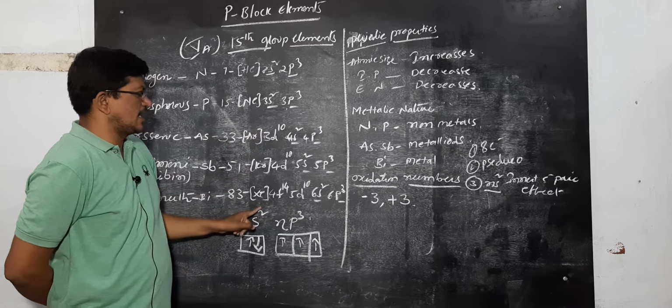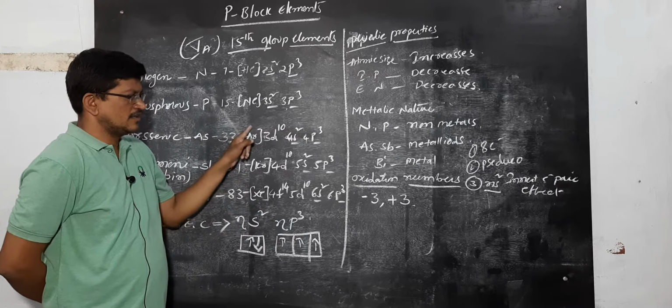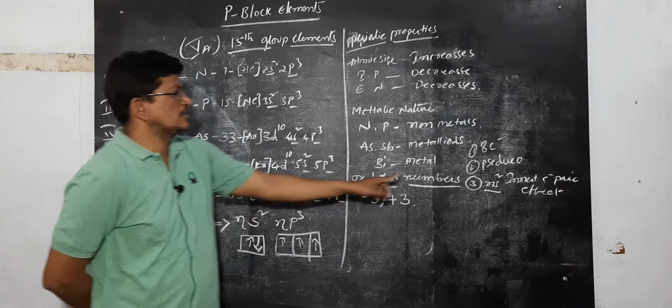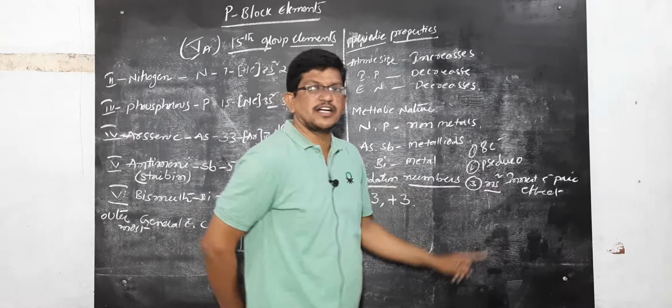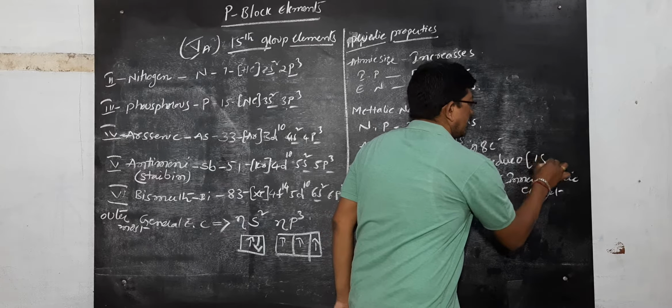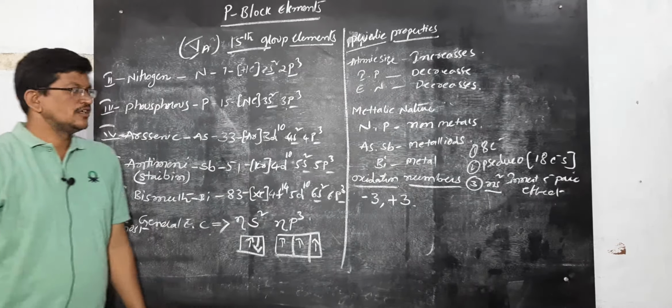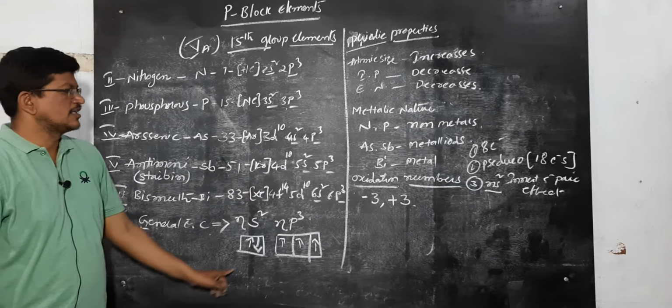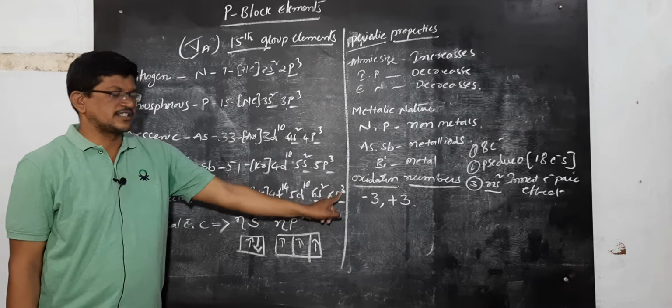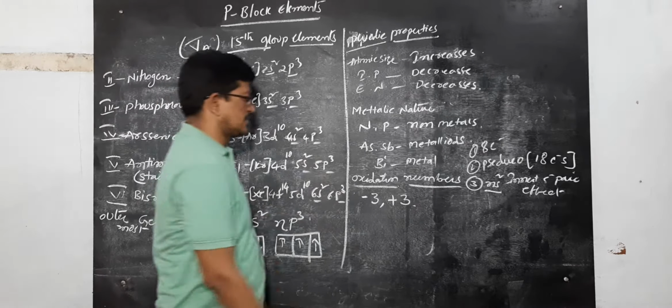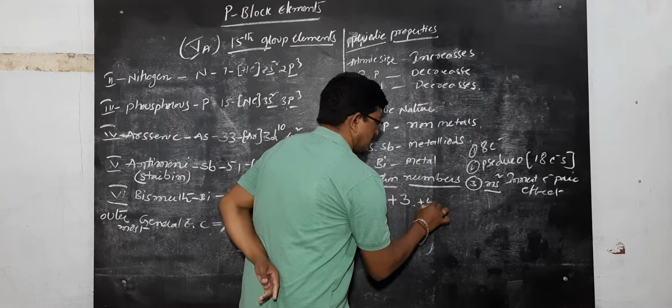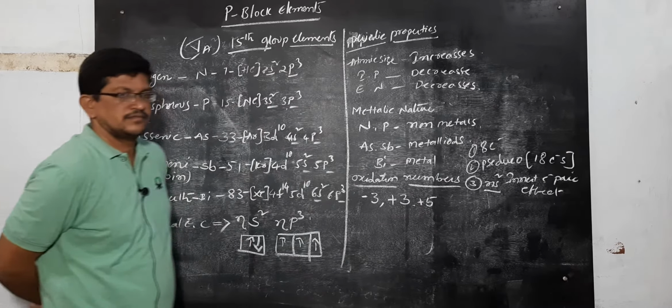Coming to these 3 elements, they have the pseudo-inert electronic configuration. If they have 18 electrons, they have stability. So for 18 electrons, they lose 2 plus 3, 5 electrons. That means they show +5 oxidation number.